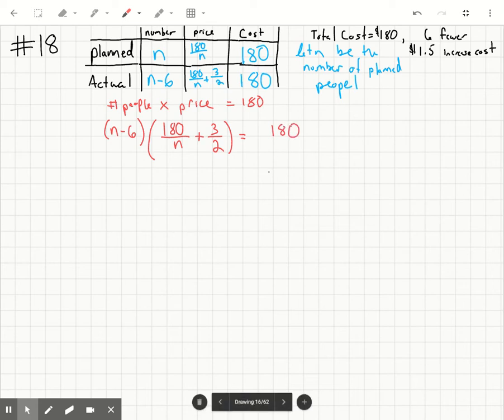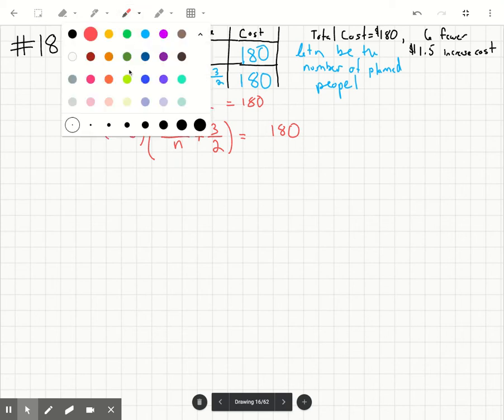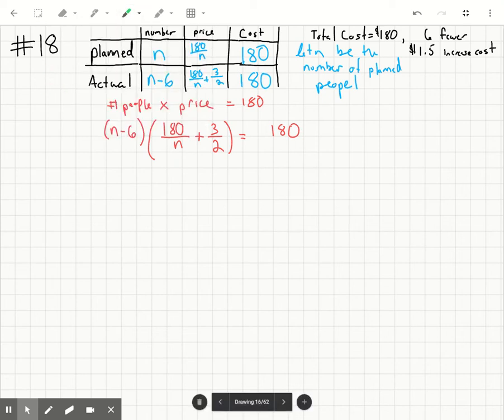So we could go ahead and expand that. I like to do it that way because some things cancel out nicely. So I'm just going to multiply these terms and then do it again, repeating this distributive property. All right, so n times 180 over n, that's just going to be 180. You can start to see a pattern.